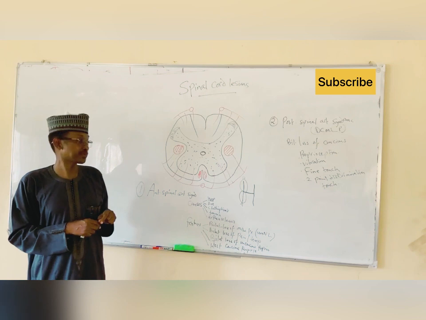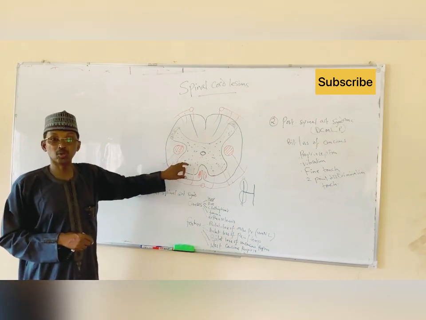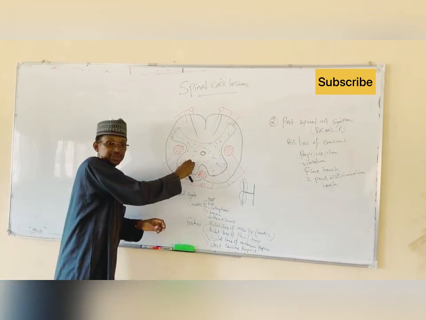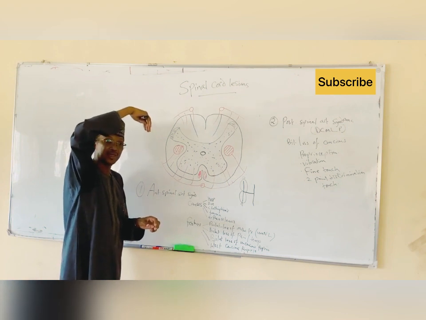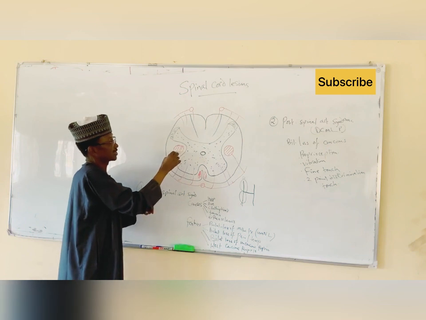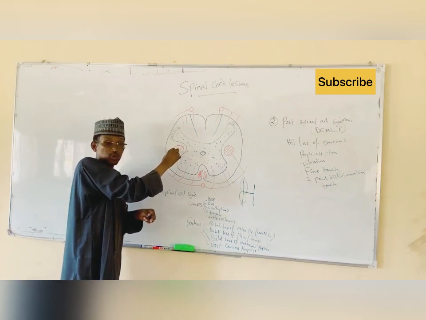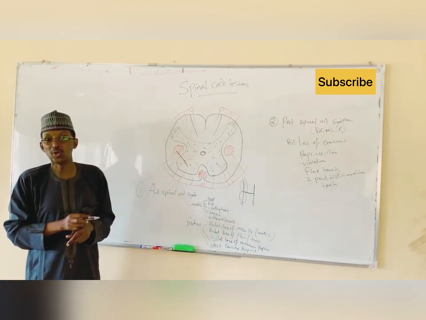Are you clear? And as I told you before, the anterior horn of the spinal gray matter here has to do with the motor information as it descends from the cerebral cortex. This lateral corticospinal tract, the axons now come and synapse in the anterior horn cells.